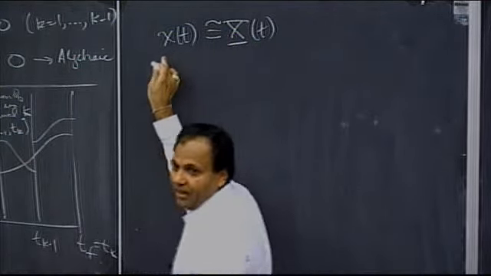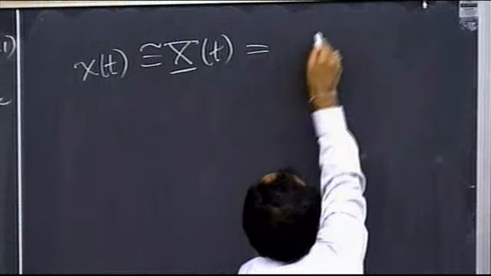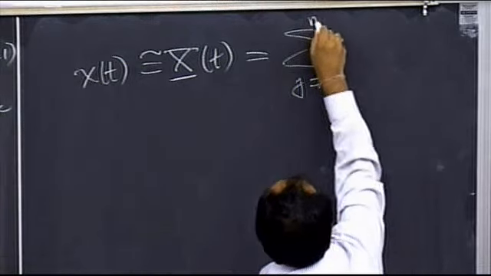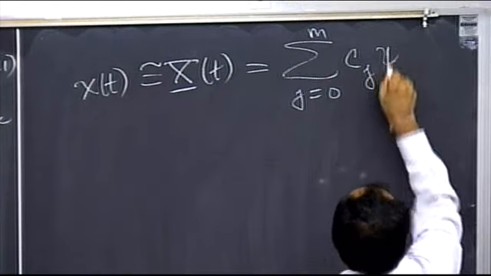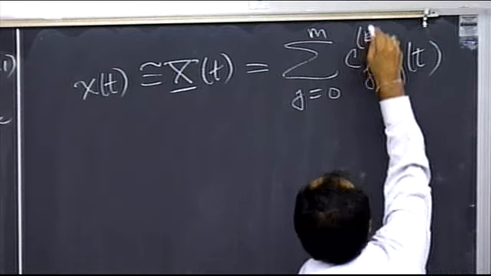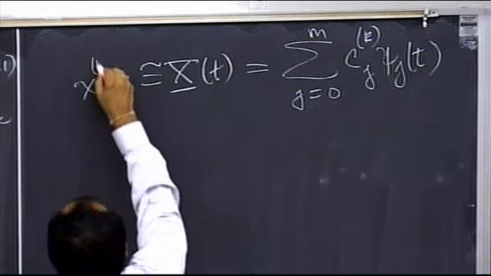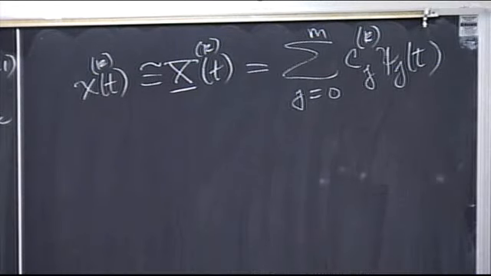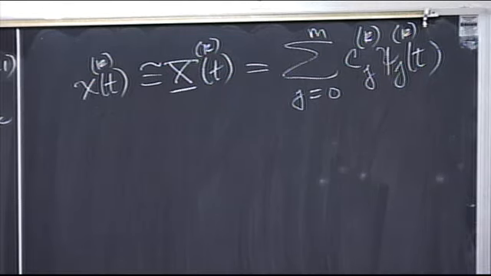This is the actual state. This is my approximation to the actual state. And I'm going to say that's equal to the sum from j equals, say, 0 up to m of c sub j times psi sub j of t. But of course, these c sub j's depend upon whichever mesh interval I'm in, so this is actually the state approximation in mesh interval k. And the psi's also can depend upon the mesh interval if you really want to be technical about it.